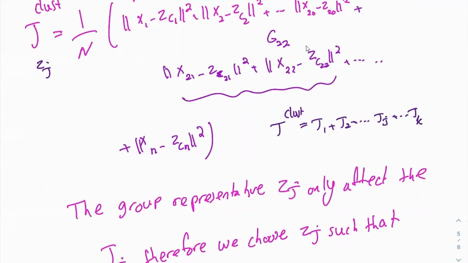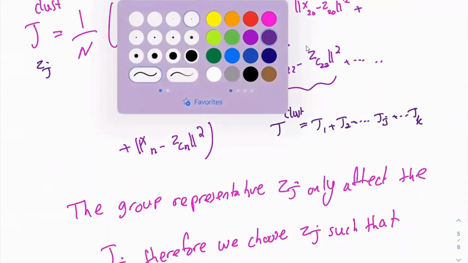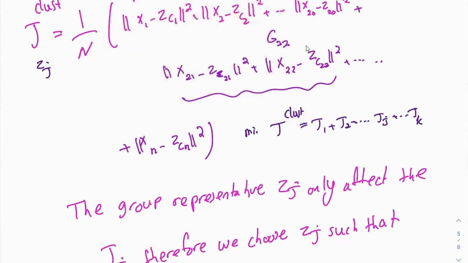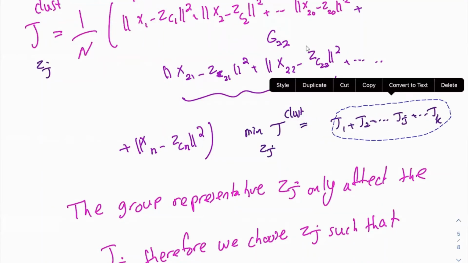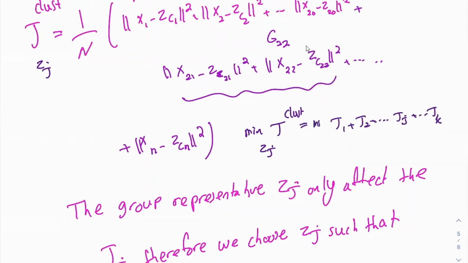When you are trying to minimize this over Zj, it means a very interesting scenario. This is very interesting because Zj only appears in the Jj, right?